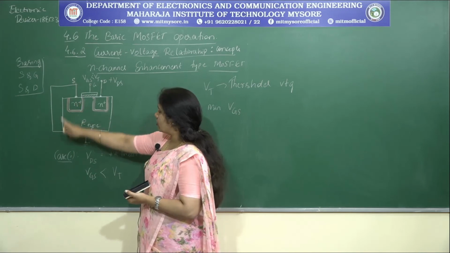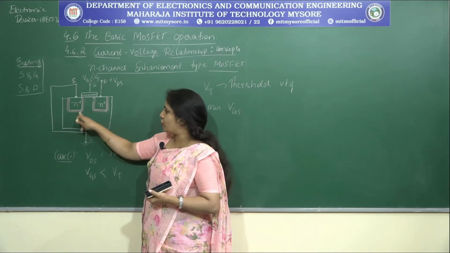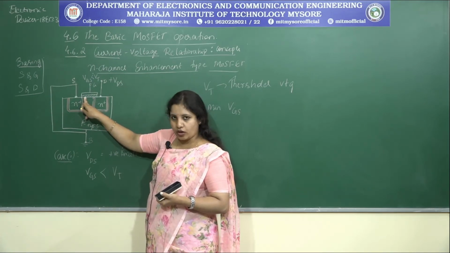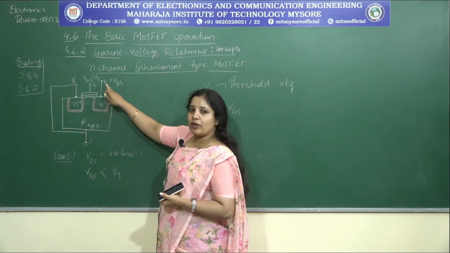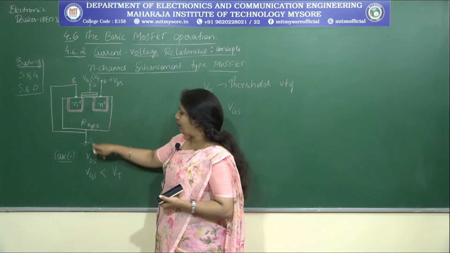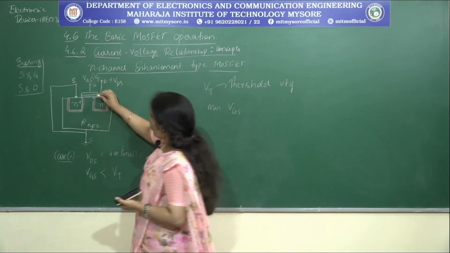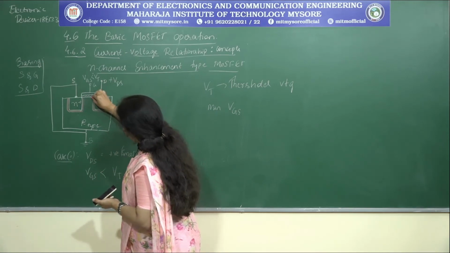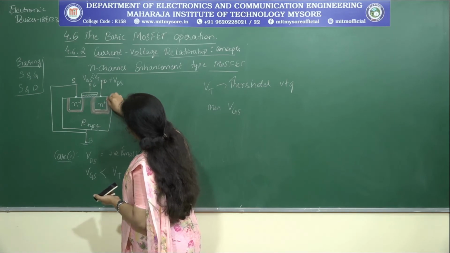See here, the source and the body are both at ground. So there is not much difference that you can find in the depletion region related to the source terminal. But when I consider the drain terminal, the drain is made more positive and P-type is grounded, which is the reverse bias condition. As a result, what happens to the depletion region in this case? It has to widen.